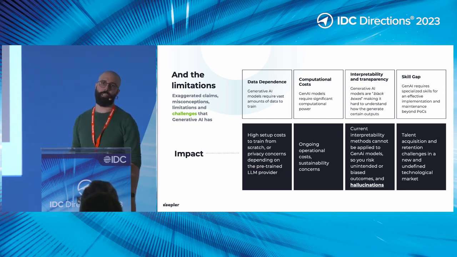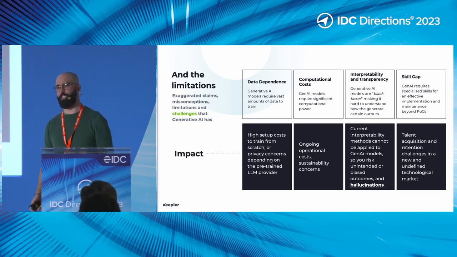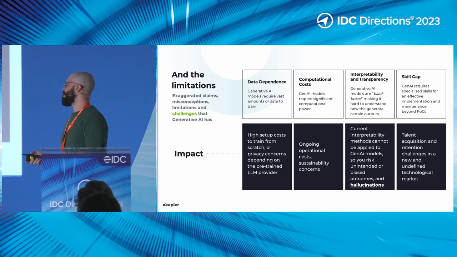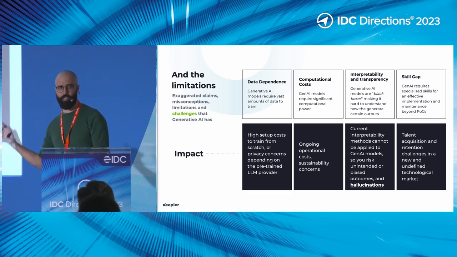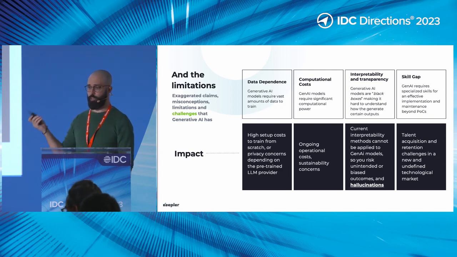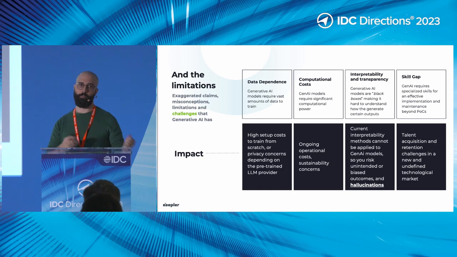You have a huge data dependence. You are not going to train an LLM from scratch. Well, you could, but honestly, you shouldn't for most of the cases, not all the cases. Because you need kind of half of the internet data to train one of these, which is ridiculous. So that's why a lot of companies are popping up with new LLMs that they make available.